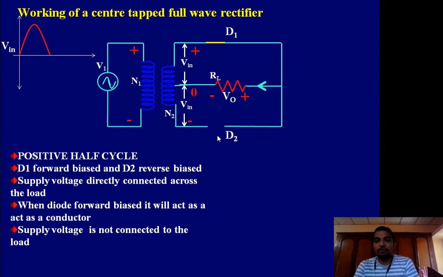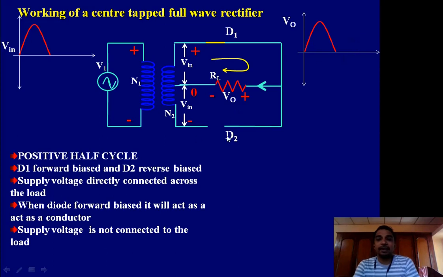So the output voltage available, whatever voltage V in is getting from this half winding of the secondary of the transformer, the entire voltage will be applied here at the output side. This is the output waveform.